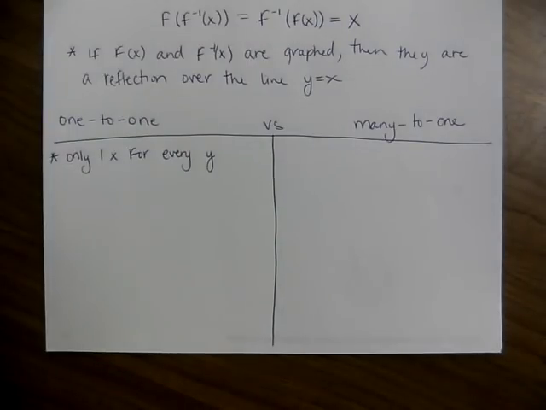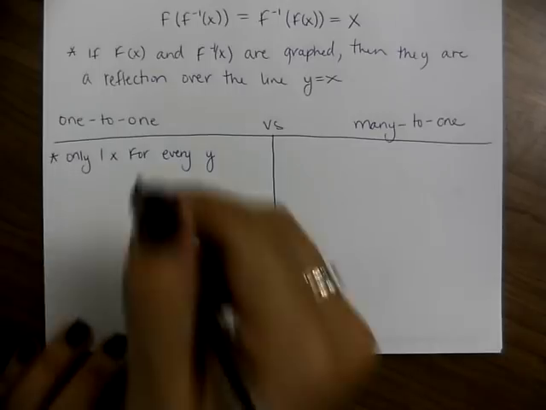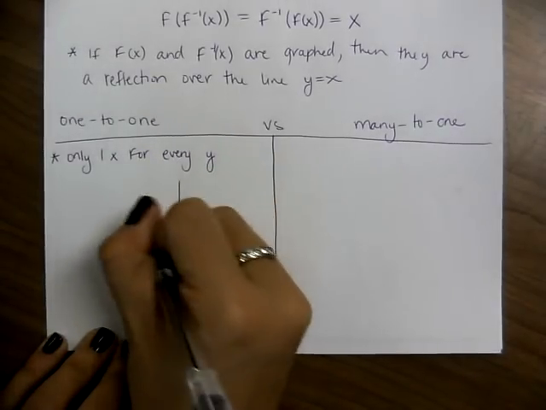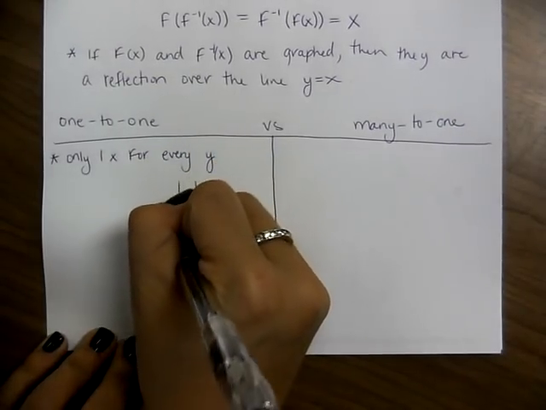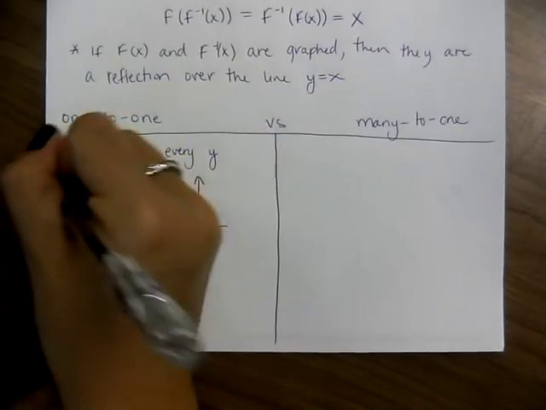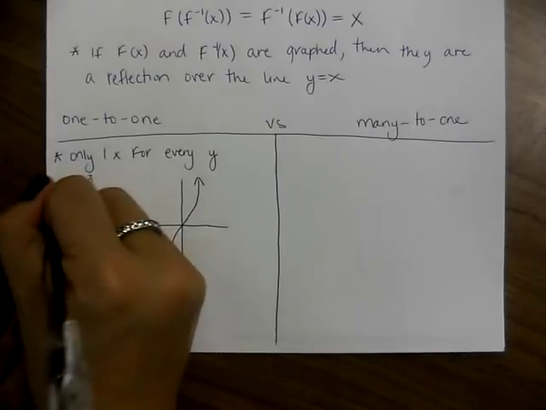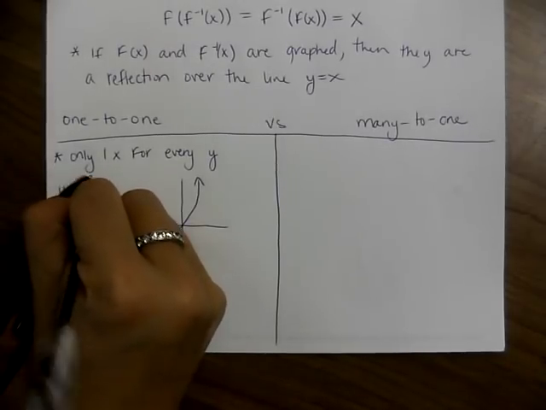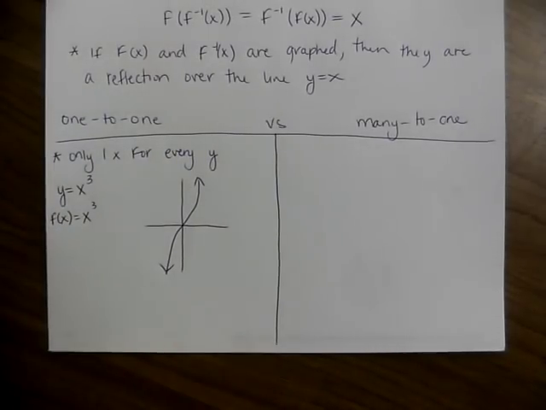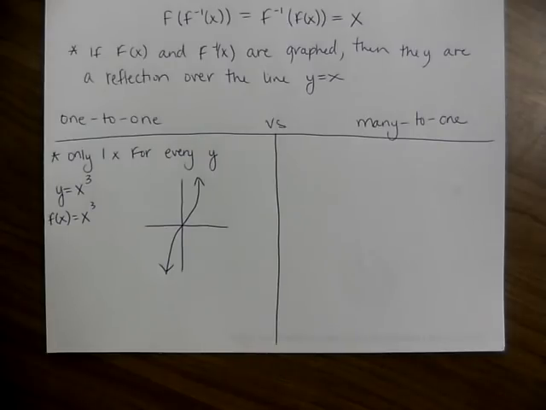Let's say we had the graph of y equals x cubed, or f of x equals x cubed. If I plug in a value for x, I should only get out one y.